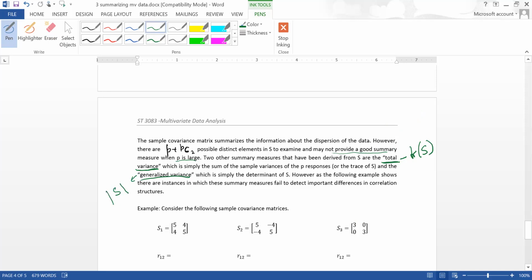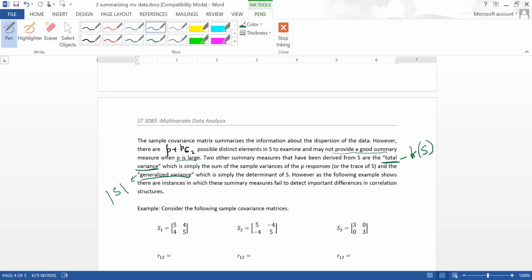So when the number of responses is large, there would be a large number of distinct elements in our S matrix. To further summarize our spread measure, we use two other measures derived from the summary measure S, which are the trace of S and the determinant of S. Trace of S we call the total variance.